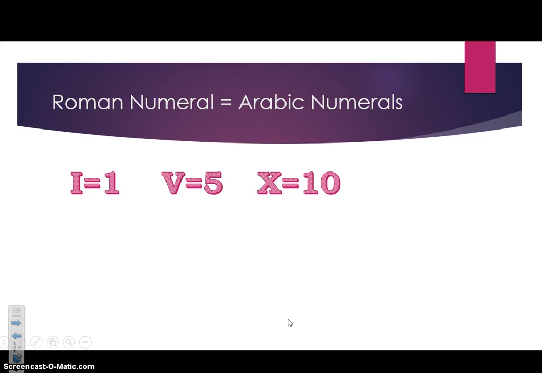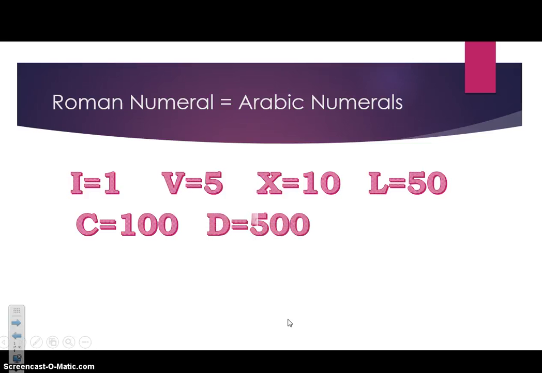The X is equal to the number 10. The L is equal to the number 50. C is equal to the number 100. D is equal to the number 500. And M is equal to the number 1000. So you can see here that these 7 numbers make up the basis of the Roman numeral system.